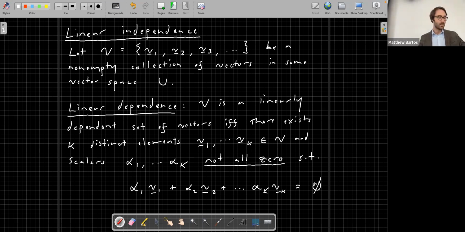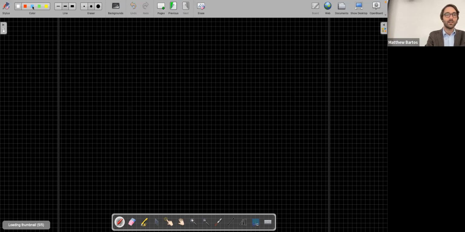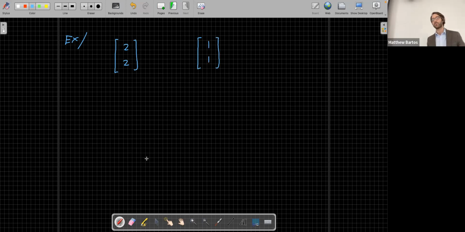Okay, so let me go through an example of a linearly dependent set of vectors. Let's say we have two vectors in R2. So we'll have (2, 2) and we have (1, 1). Okay, so we have a set of two vectors. We can come up with scaling coefficients alpha such that we can add these two together and get the zero vector.